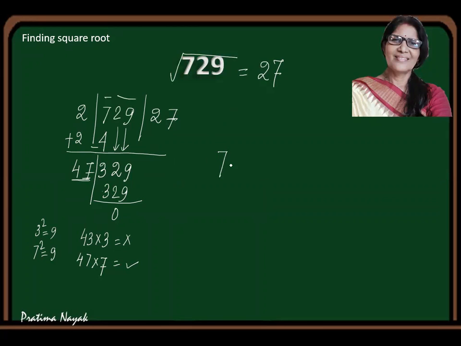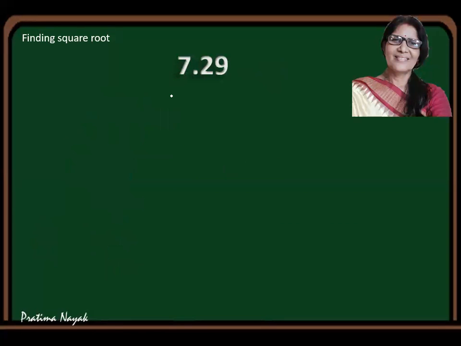Now guess, if there would be 7.29, what should be the square root? I hope you can guess now. It would be 2.7. So now let us learn how to find it. For the square root of 7.29, we first write the number and we make a boundary at the decimal.